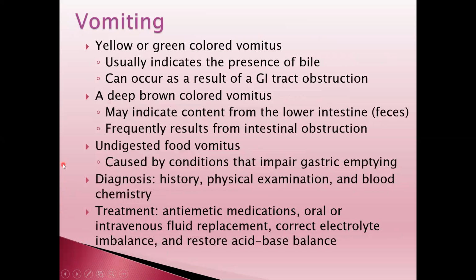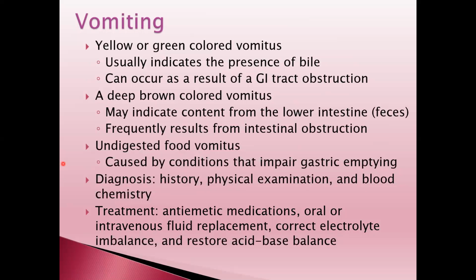Okay, vomiting can be yellow or green. If it's that color, it usually indicates the presence of bile. It can occur as a result of a GI tract obstruction. A deep brown vomitus may indicate, if it's not bleeding, that it's dark brown, not black, which would indicate blood.